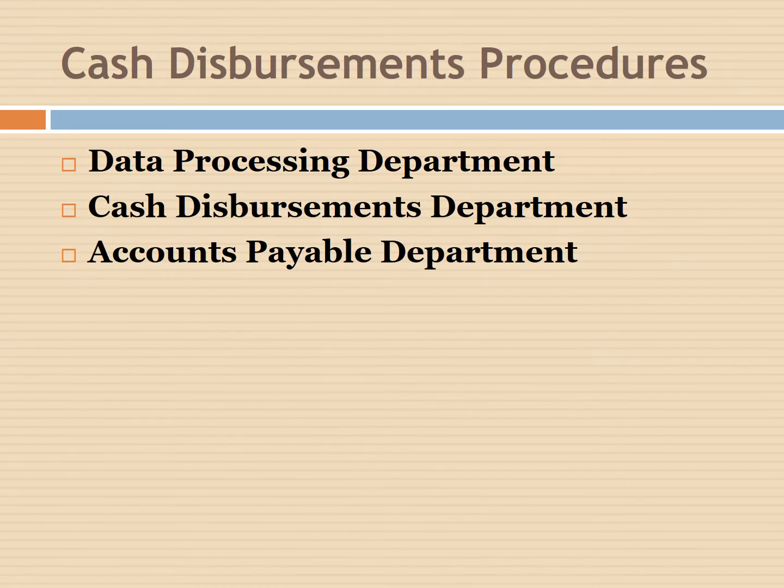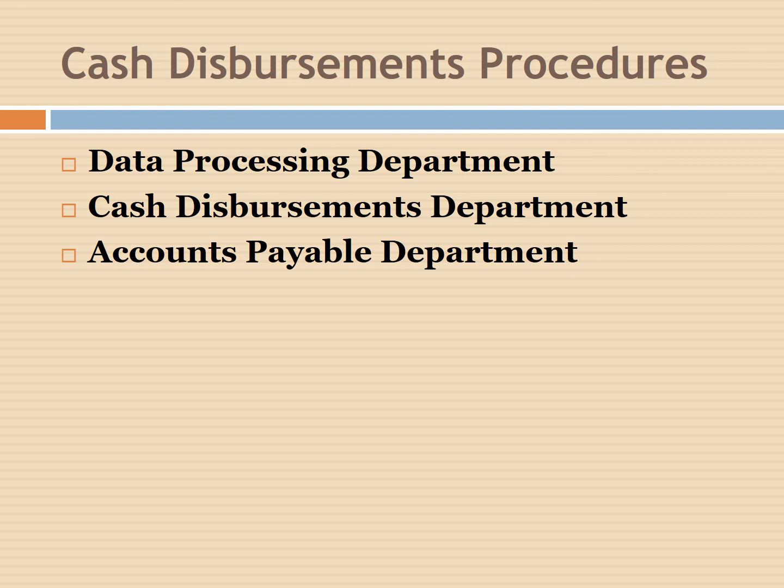There are three cash disbursement procedures. First is the data processing department, second is the cash disbursement department, and the last one is the accounts payable department.